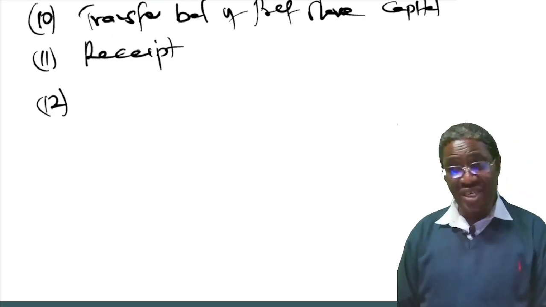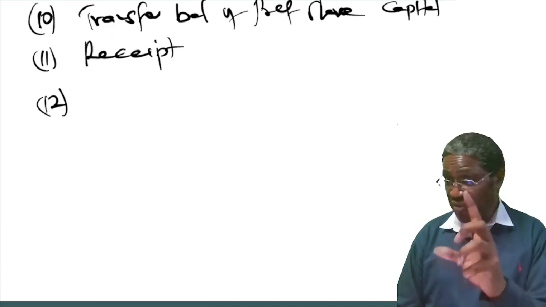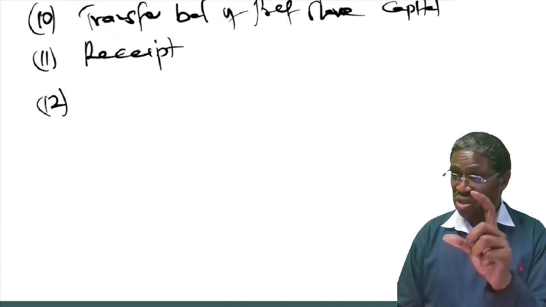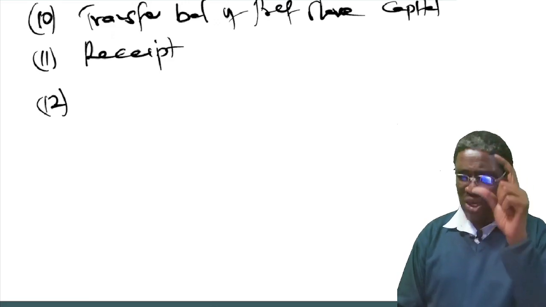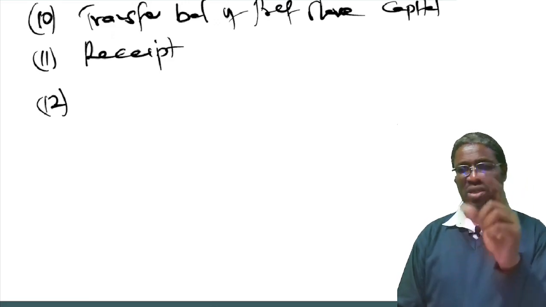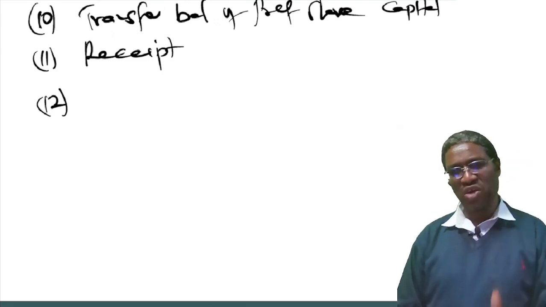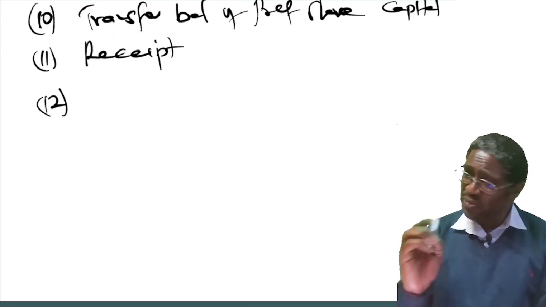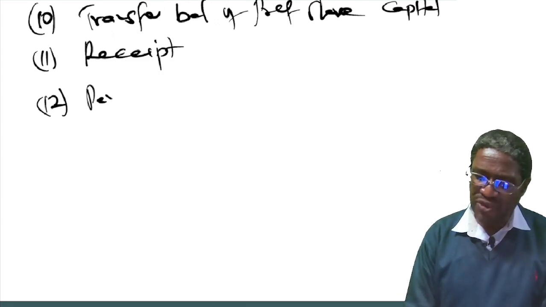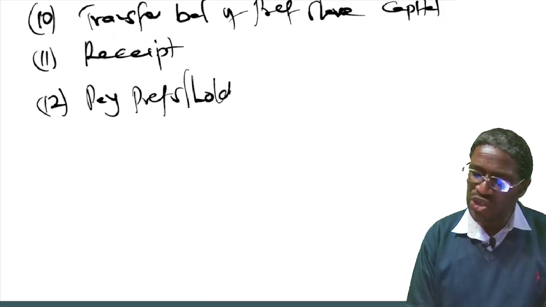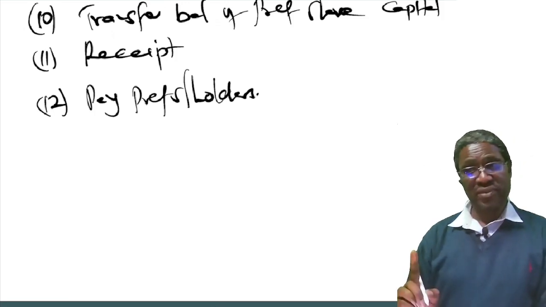Now that we are liquidating this company, whenever a company is liquidated, preference shareholders normally rank first in order of priority. So our step number 12 says, pay the preference shareholders what is due to them.